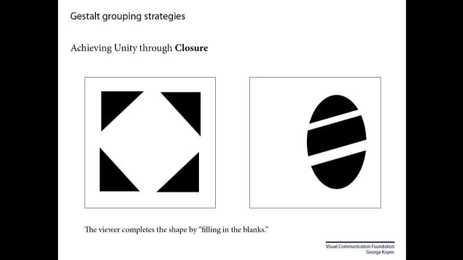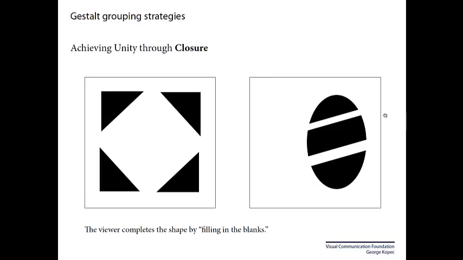Some people disagree with me on this, but it's true: on the left side, there is no square in that composition. I'm not talking about this border here, but this in here is not a square. Our brain is connecting the points to make it a square. There are four triangles in there, I'll agree with that. On the right side, we see an ellipse or an egg shape.